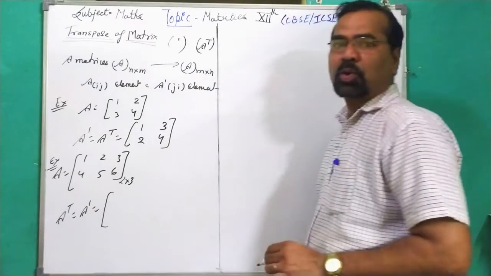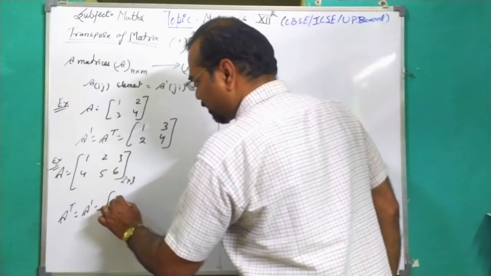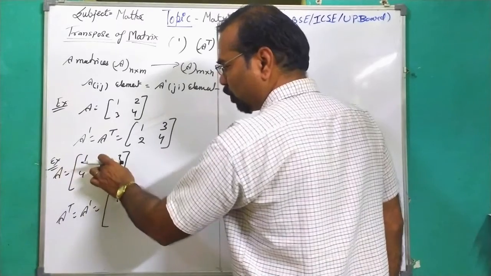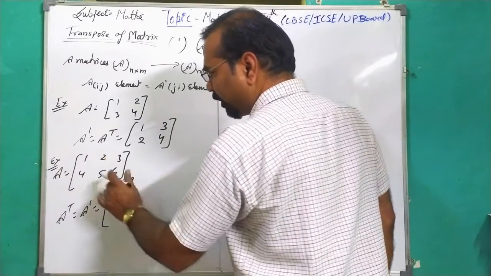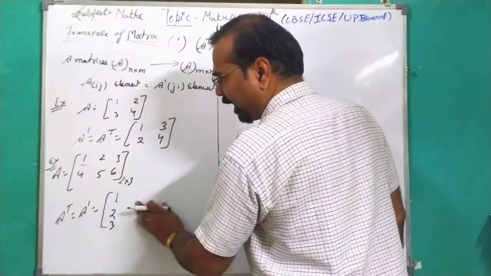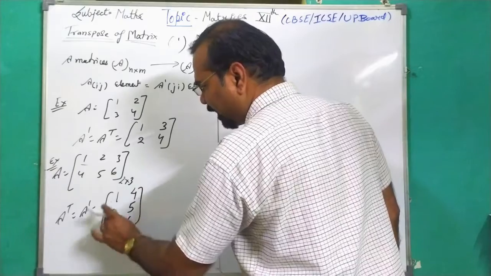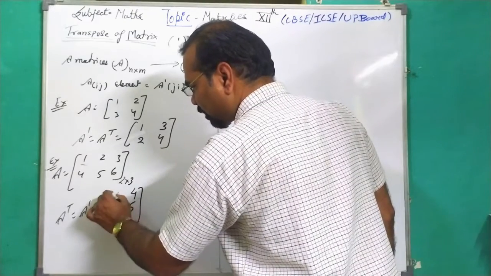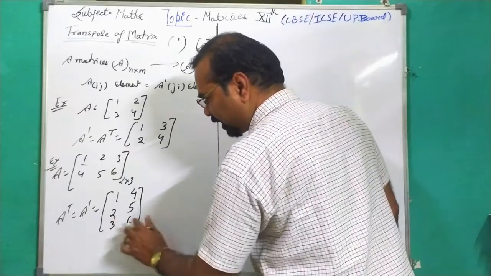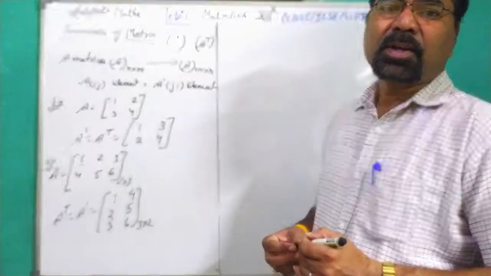The rows are changed to columns and columns to rows. So 1, 2, 3 becomes a column, and the other row also changes into a column. Here there are 3 rows and 2 columns, so it is a 3 cross 2 matrix. That is the transpose of a matrix.